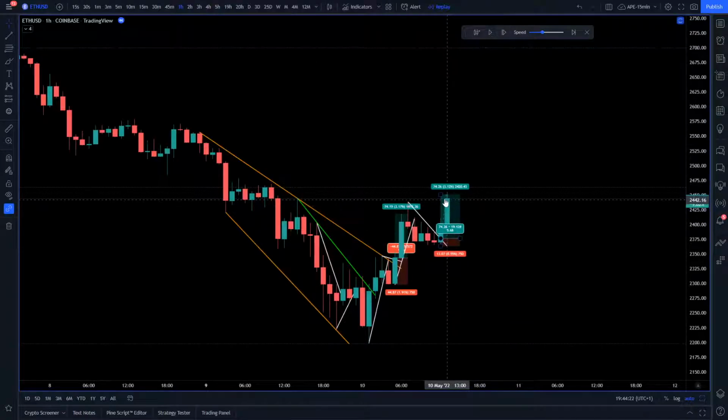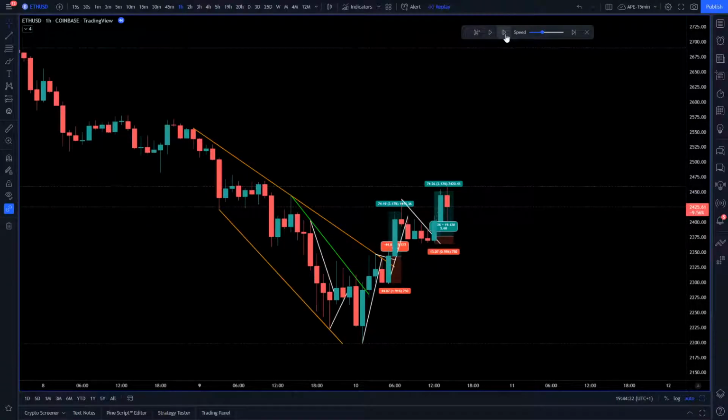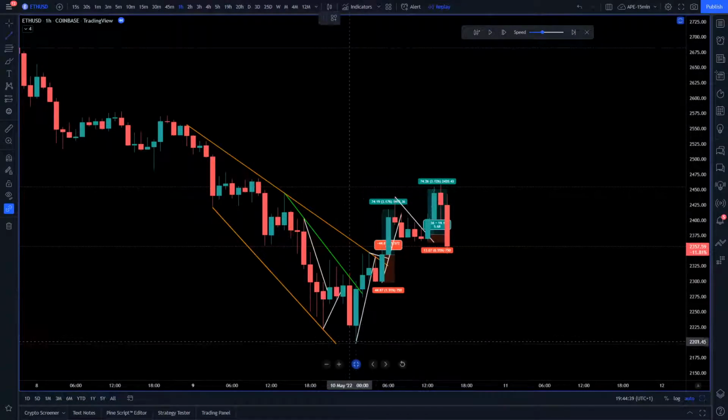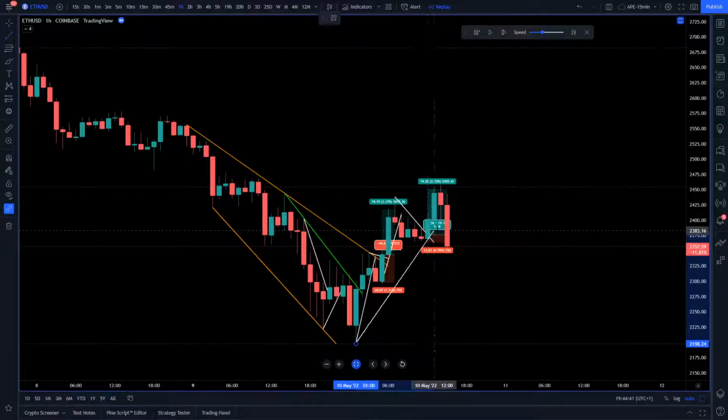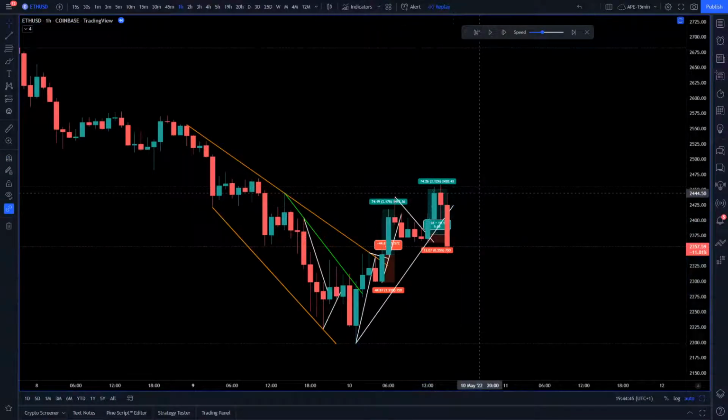We exit our trade in profit with 3% profit. We had our stop loss, we lost 0.5%. So we are still in net profit. And now it went down quite a lot. So this is the reversal of the green line.